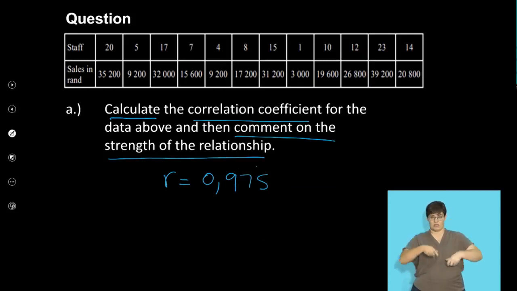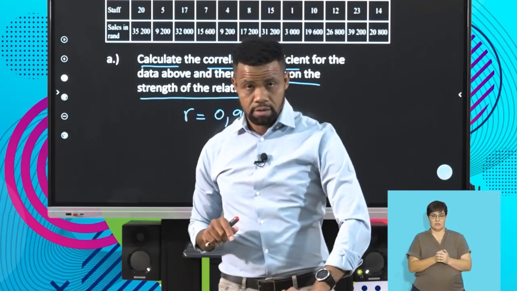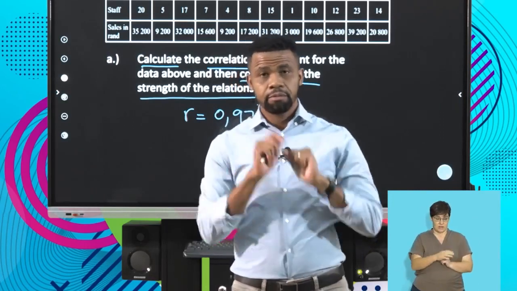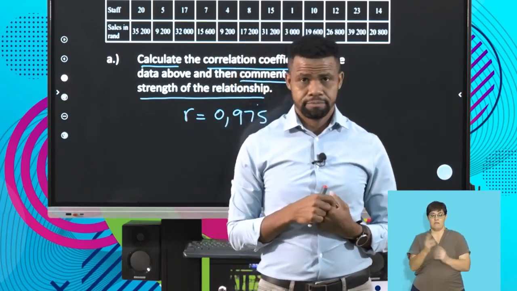We calculate it using our calculator. You put your calculator in stat mode, you get a table, put in all the data, AC to store the data, then shift stat 1. Are we together? Then you're able to select R for correlation.